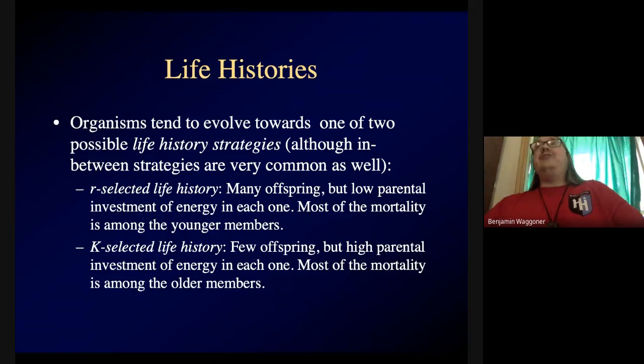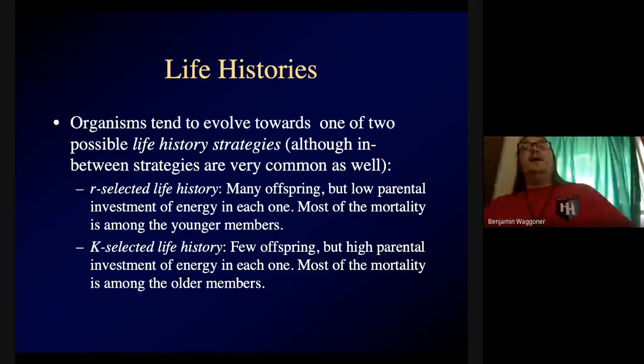So a K-selected plant might produce very few seeds, but every seed has lots of nutrition inside it, to give the baby plant a really good start. An R-selected plant might produce tons of seeds, but there's not much energy or nutrients in any of them, so most of the seeds are going to end up dying. Most of the mortality in a K-selected species is among the older members.